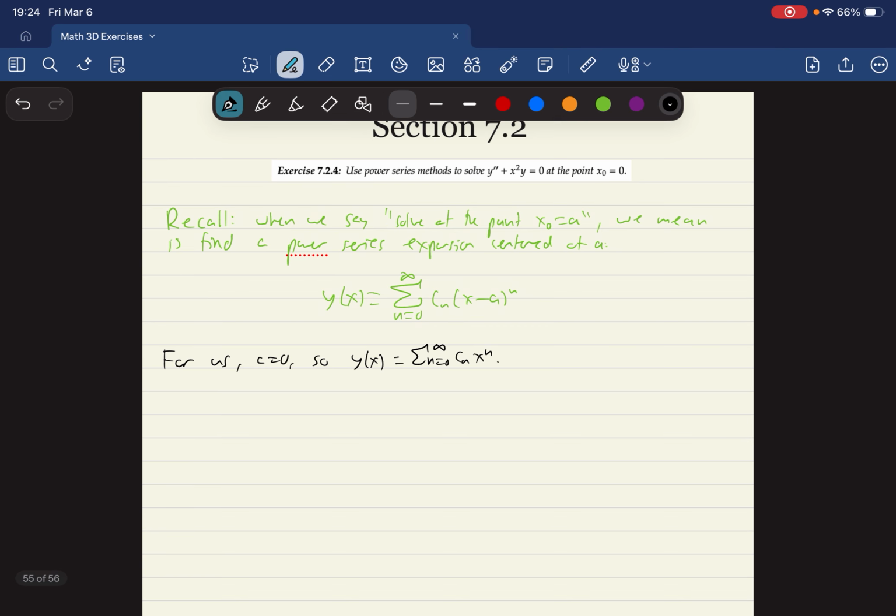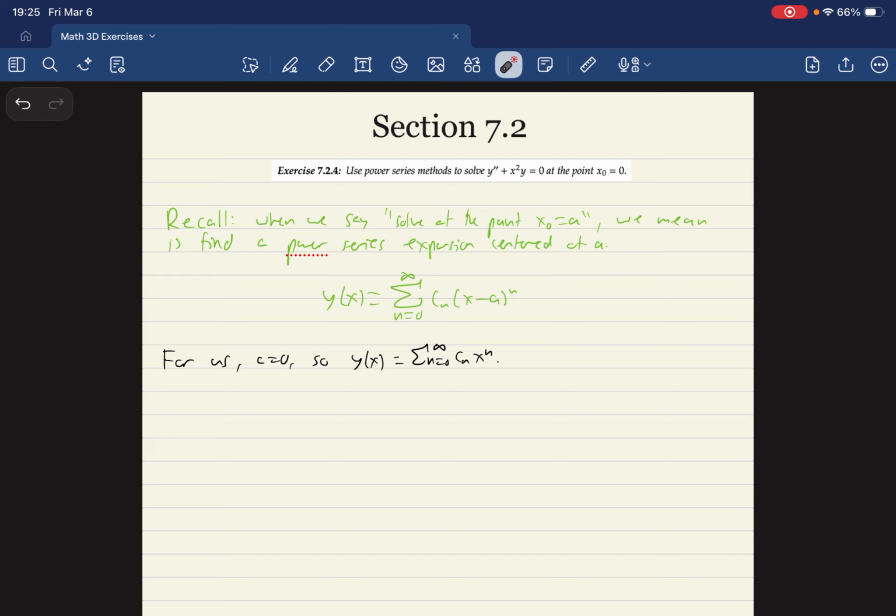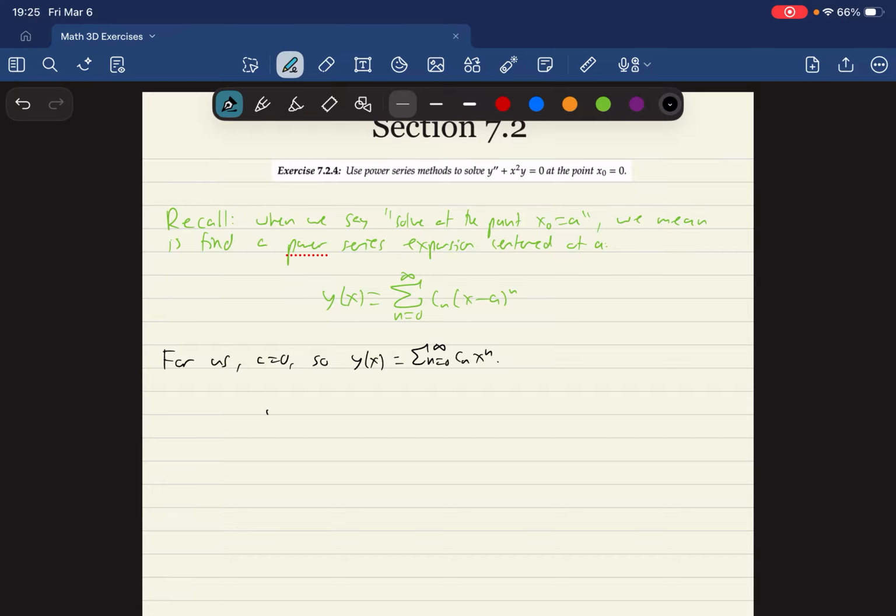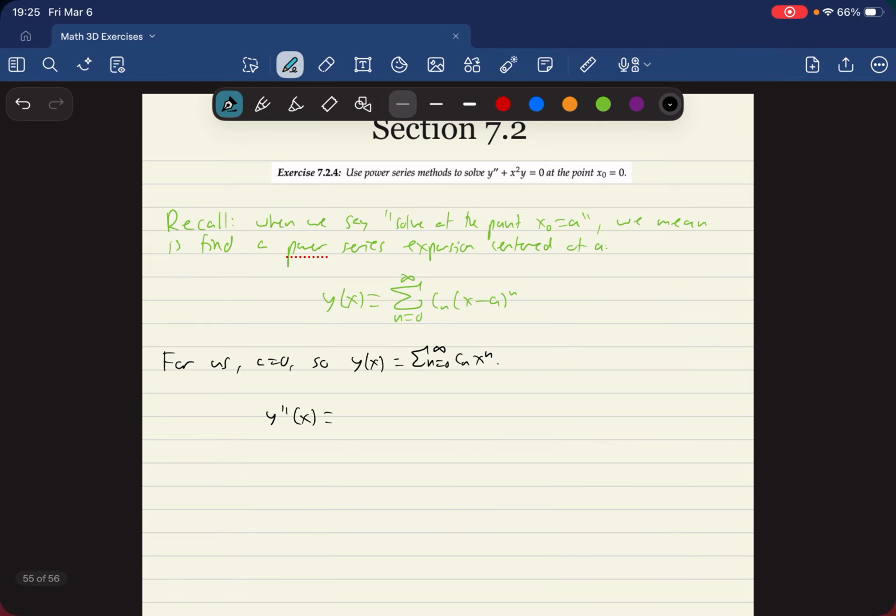Now, to determine these coefficients, which is the ultimate goal for this method, we need to figure out what y double prime is. With power series, we can calculate derivatives just by differentiating termwise.